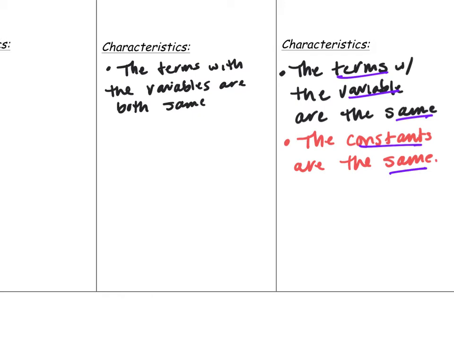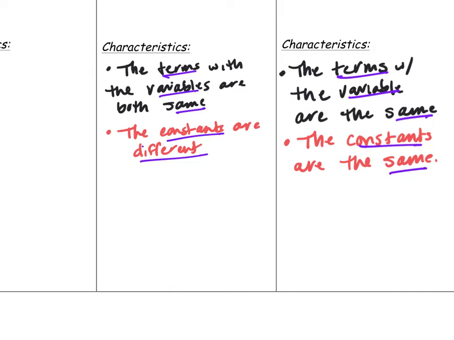Now, the constants, however, are different. And that's very important because that's what's going to keep it from being like an infinite solution. So let's go ahead and underline that again. Let's make sure we're clear that the terms with the variables are the same, so that's just like infinite, but the constants are different.